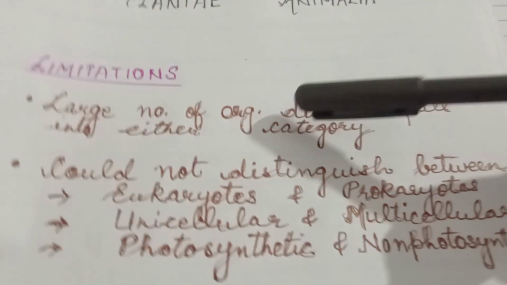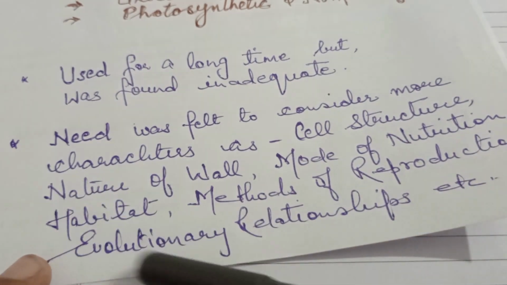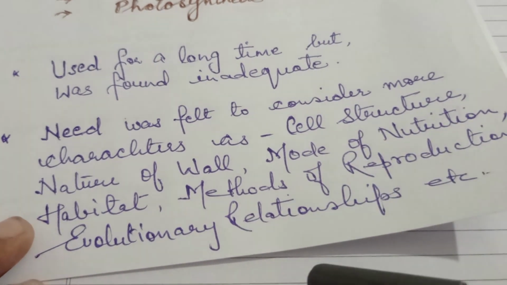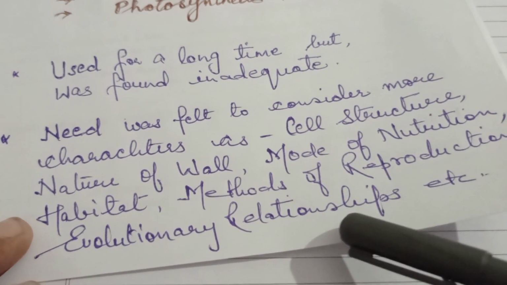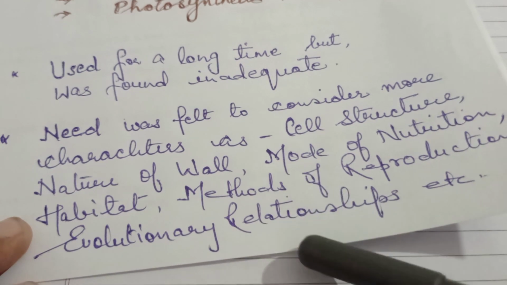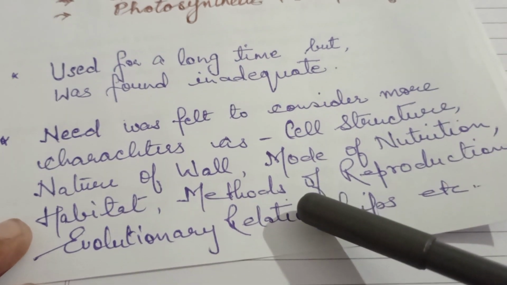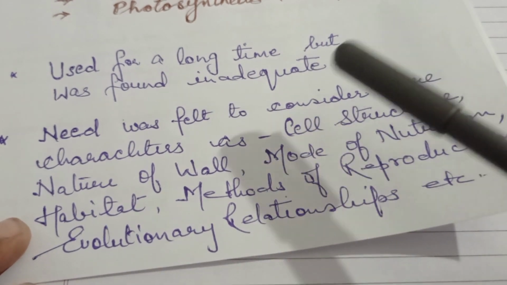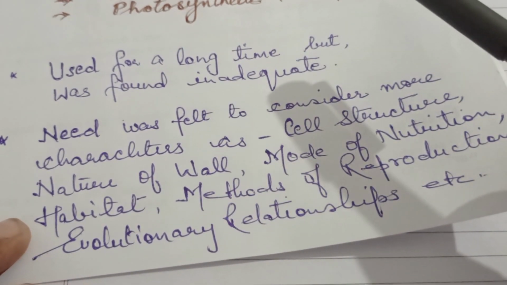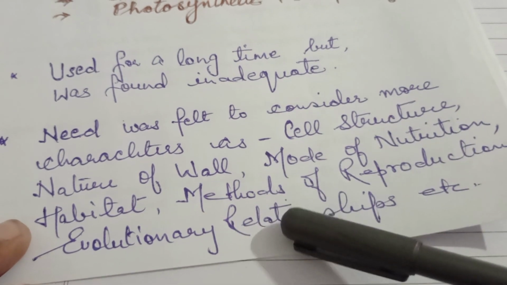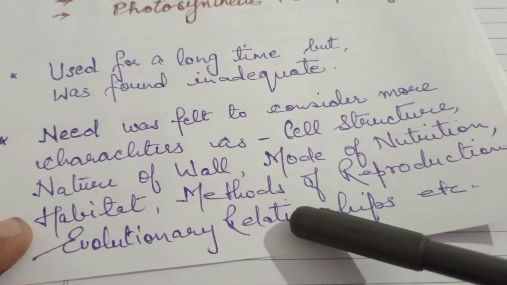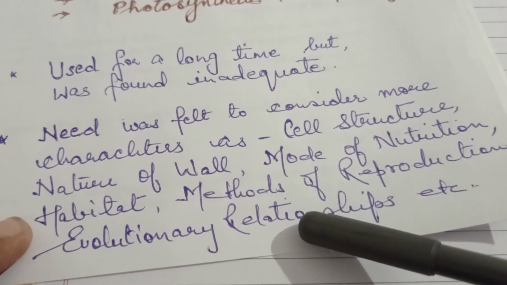Why did these limitations occur? Because all these characters, cell structure, nature of cell wall, mode of nutrition, habitat, methods of reproduction, evolutionary relationships, etc., were not considered. Because of these limitations, the need was felt to consider some more characters besides basic or morphological characters.